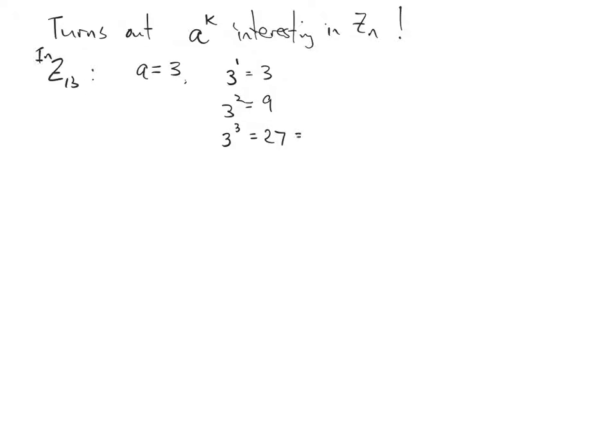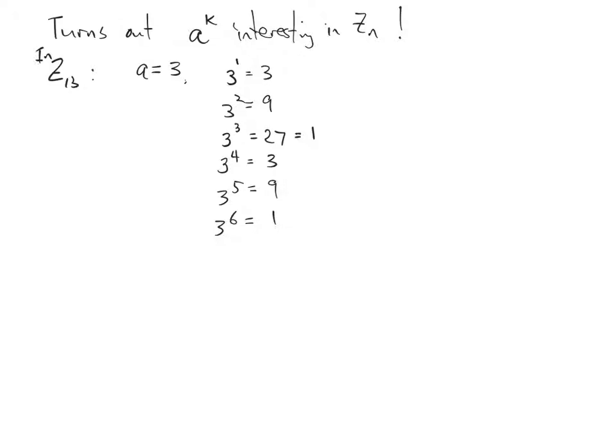But that is equal to 1. Okay, so that was exciting. But if we keep going, then it starts repeating, right? 3 to the fourth is 3, 3 to the fifth is 9, 3 to the sixth is 27, and when we reduce it, it's 1.